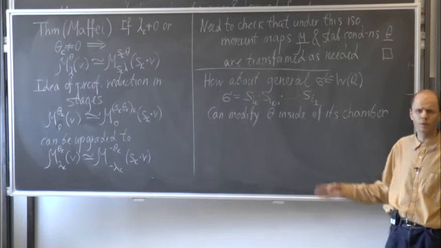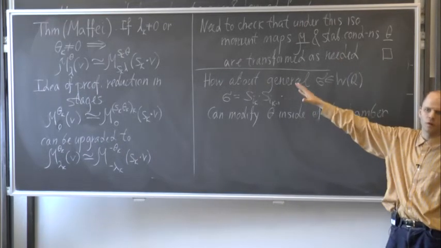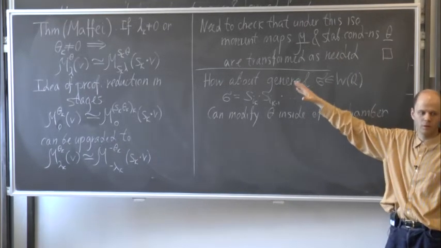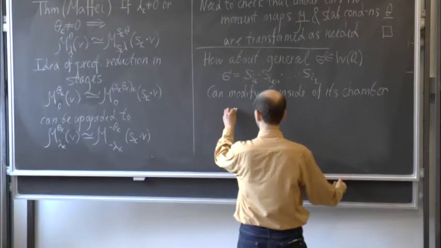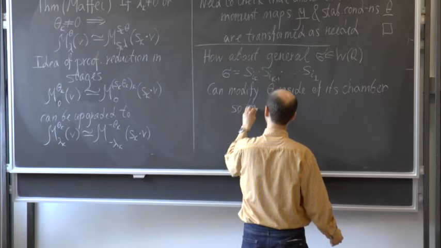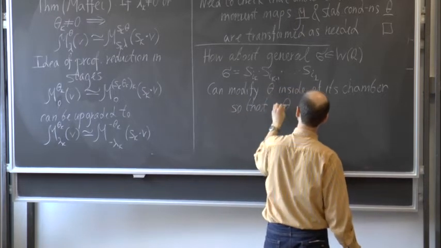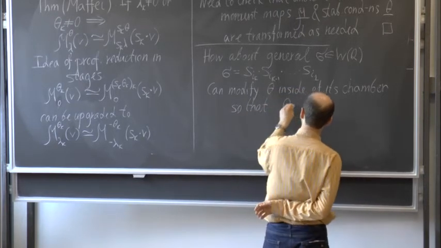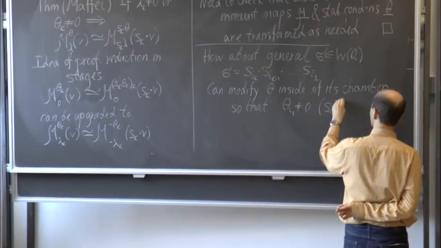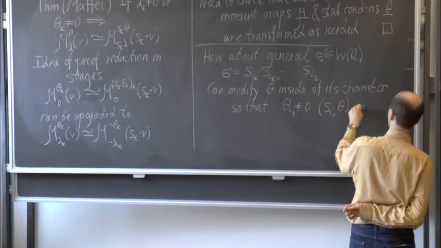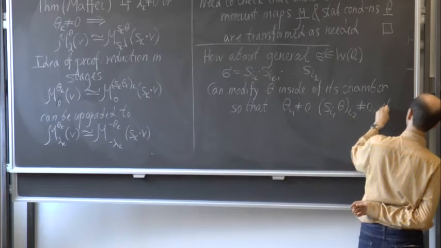It will be enough for me to produce at least one isomorphism for every sigma. So inside of its chamber, so that sigma I1 is different from 0, I1 sigma I2 is different from 0, and so on.